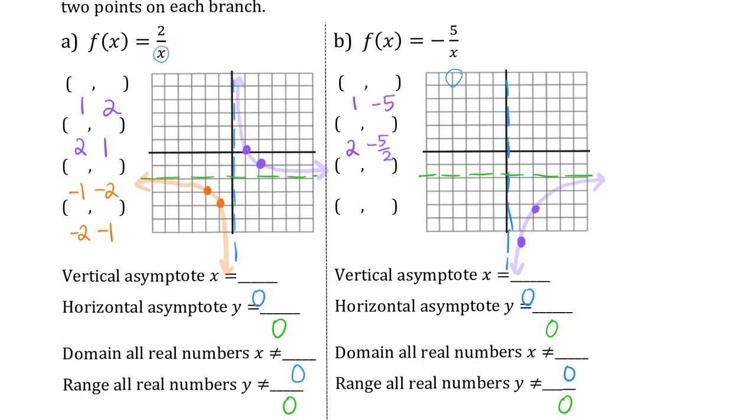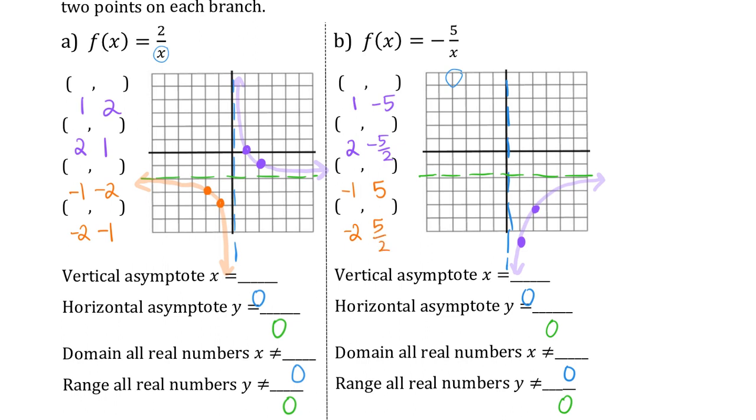Okay, so now I'm going to plug in a couple numbers on the left side. The vertical asymptote is at x equals 0, so I'm going to plug in -1 and -2. If I plug in -1, I have -5 divided by -1, so I actually get +5. If I plug in -2, -5 divided by -2 is positive 5/2.